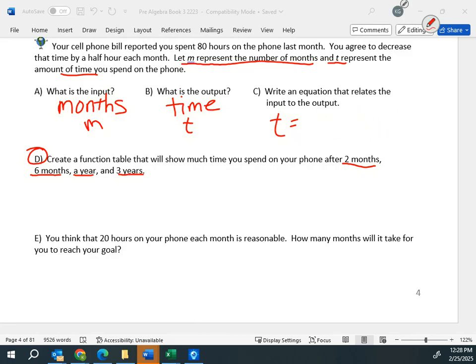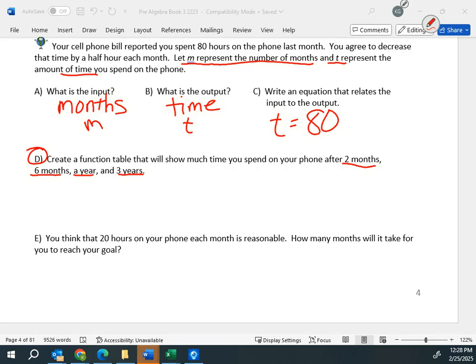So remember with that top one, we had a base salary of 500, right? We got $500 no matter what. Do we have a base that we're going with here? That 80 hours. So we have that 80 hours as our base. And we want to decrease. So what operation is that if I'm decreasing?